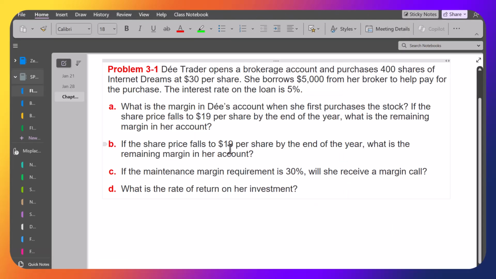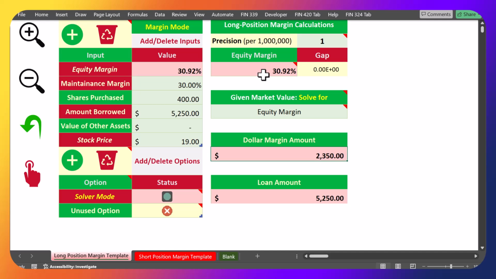Part B says if the share price falls, apparently I've done it twice. That was part B. If the maintenance margin requirement is 30%, will she receive a margin call?